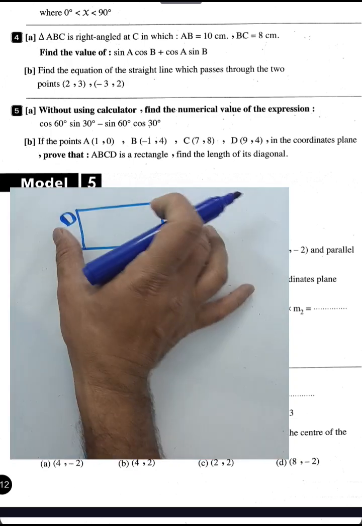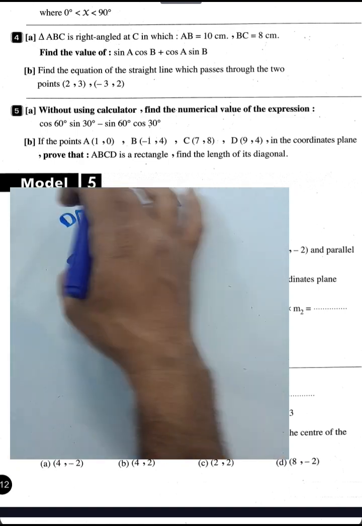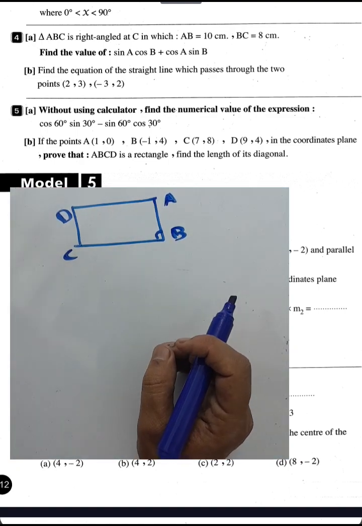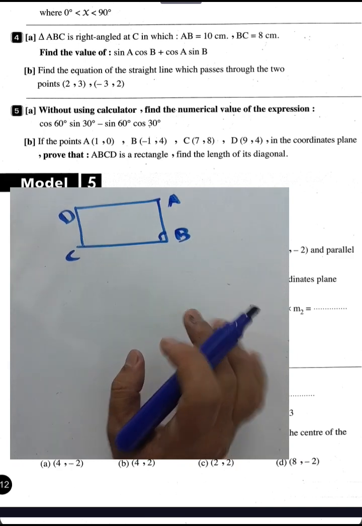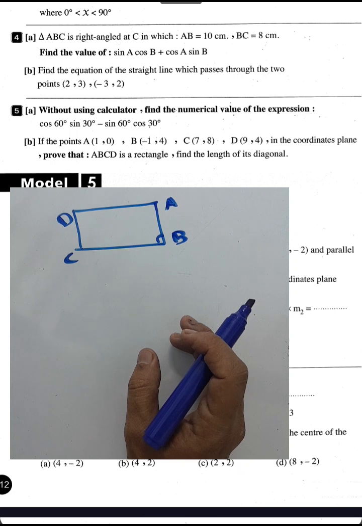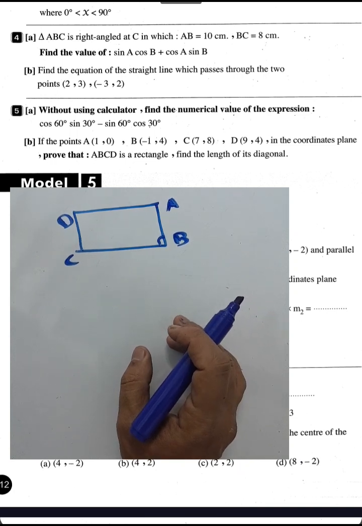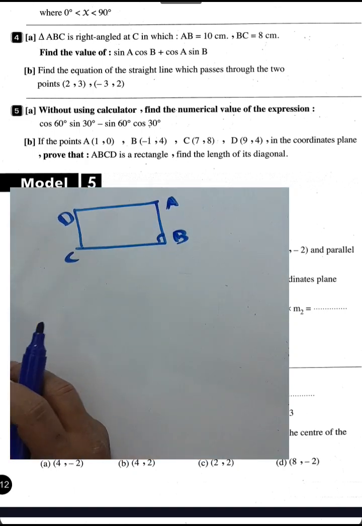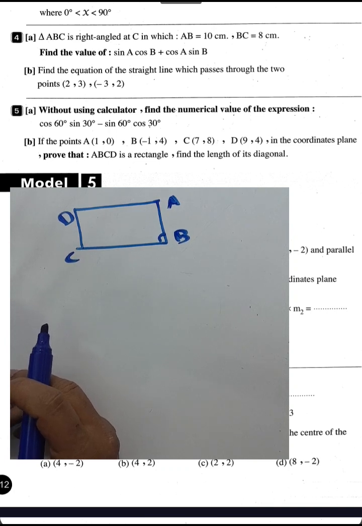They will be equal, and AD equals BC, and each pair of opposite sides has equal lengths. Then this will be a rectangle. And then find the lengths of the diagonals, AC and BD, which are equal lengths. We have the coordinate plane for that ABCD with all the points.